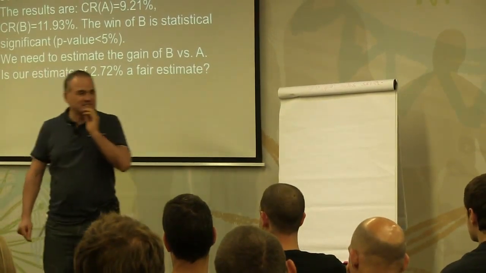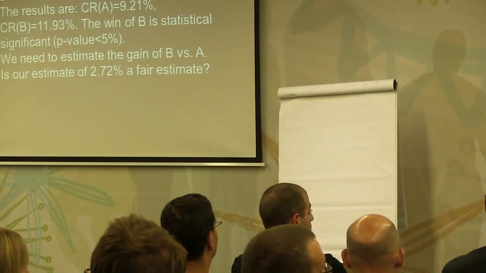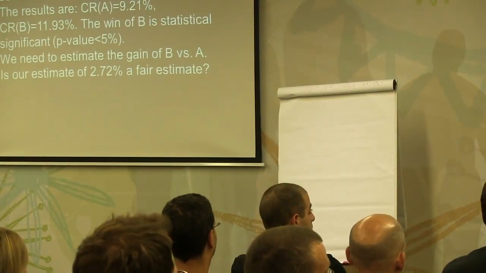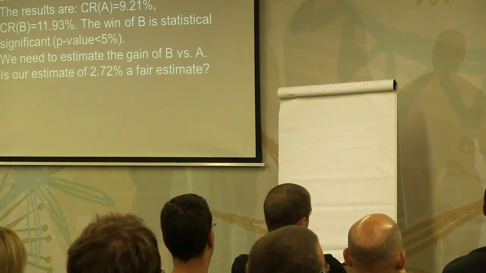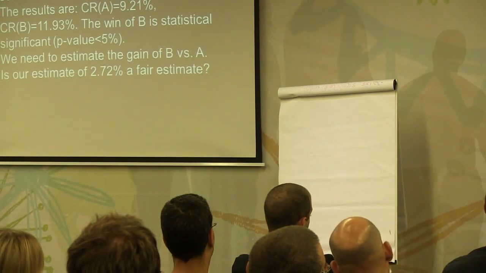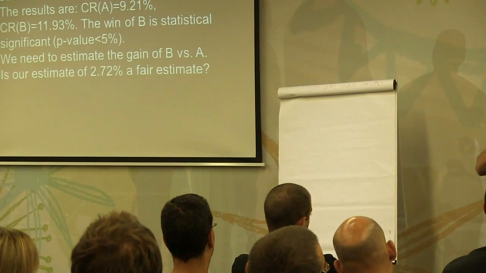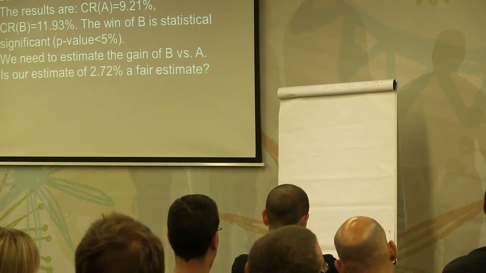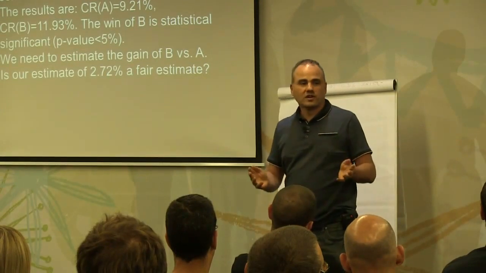Okay. So what I want to say, and I will show you numbers in a minute, is that when we start the test, we had two alternatives. In some cases, A will win. In some cases, B will win. You are looking at results that do not reflect the entire population of scenarios.